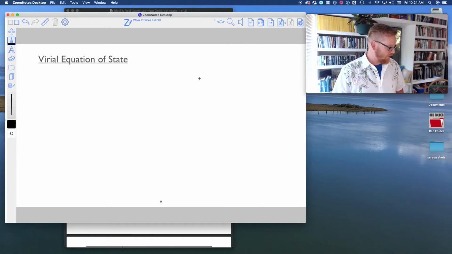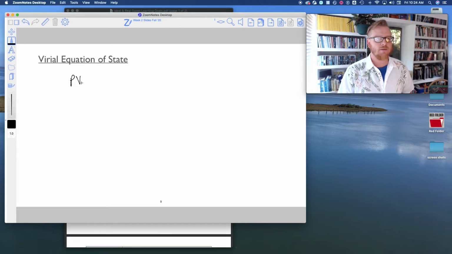So now we get to the virial equation of state, so another type of equation of state. And the virial equation of state is really useful because we can use this idea of compression factor to assist us in the virial equation of state, okay? So I'm going to go ahead and write it down. It goes as P Vm equals to molar volume RT.